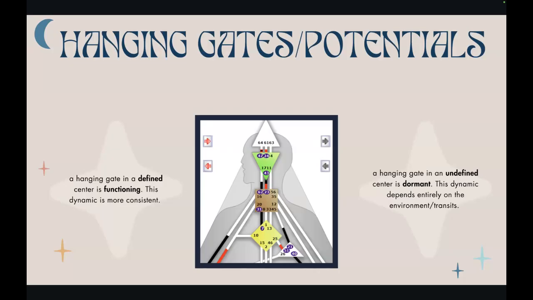There are also hanging gates in the chart, which we'll get into much deeper when we cover the gates later on in the program. But when you see a gate that's hanging out here versus a channel that's defined, this is creating extra pressure on this opposite gate, right? This is why we're attracted to certain people.